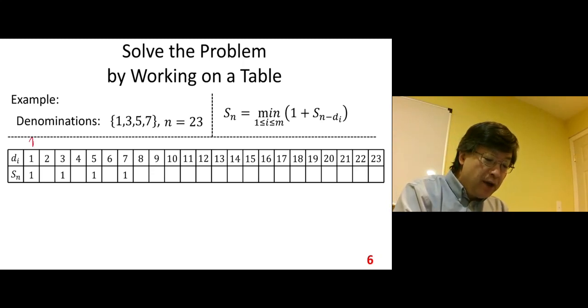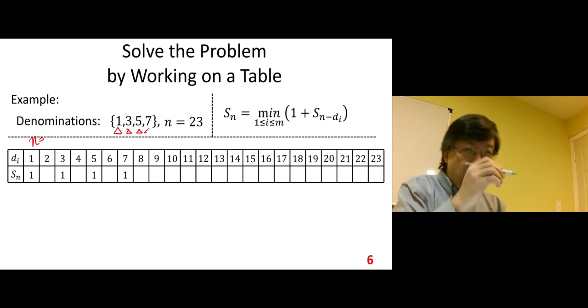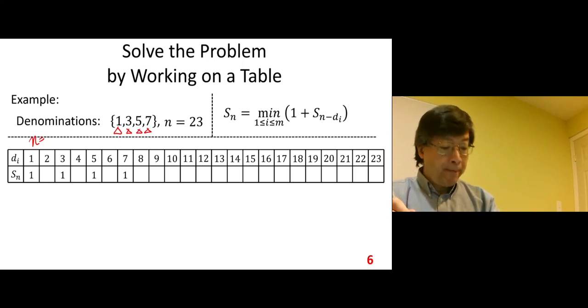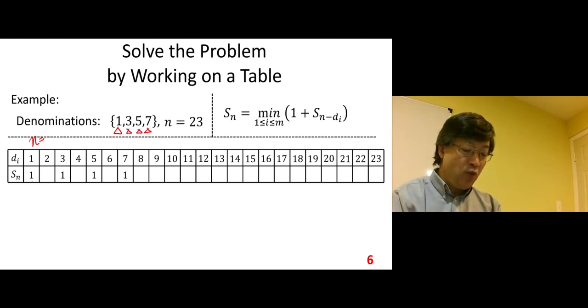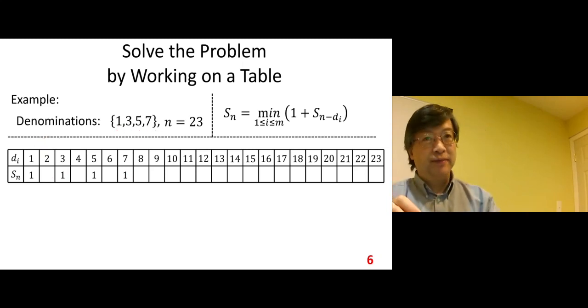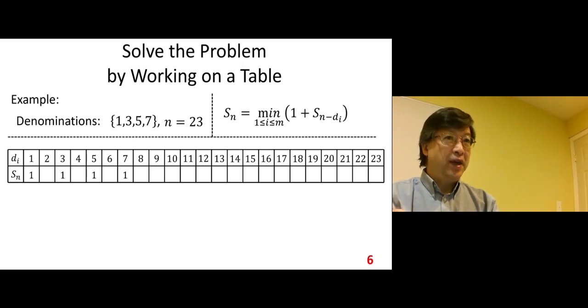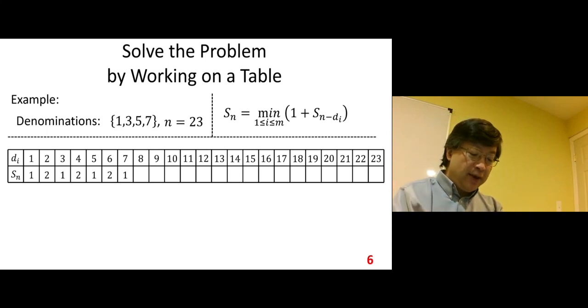If n equals the face value of each coin denomination, 1, 3, 5, 7, then we need one coin, right? That's a trivial solution. That's first. The second.